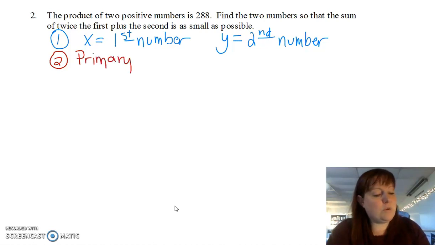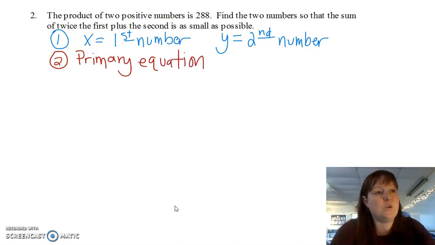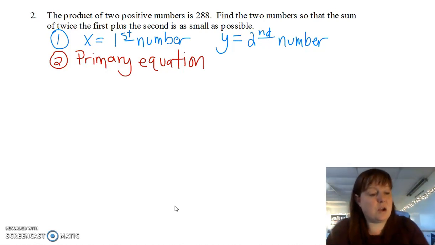Remember, our primary equation is the one that we want to minimize or maximize. It's whatever we're trying to minimize. If we're trying to minimize volume, then our volume equation would be our primary equation. If we were trying to maximize perimeter, our perimeter equation would be our primary. It's the thing we're actually trying to optimize.